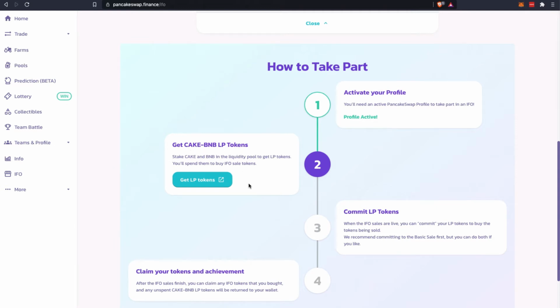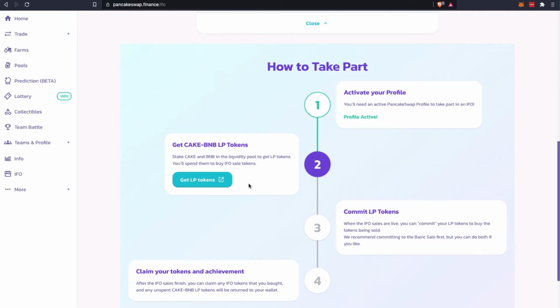And because you are excited to get involved in this initial offering, you decide to purchase some CAPI and BNB tokens and create these LP tokens just for this IEO, and you contribute them. After the end of the IEO, you get back your unused LP tokens and you decide to break them apart to get back your respective CAPI and BNB tokens.